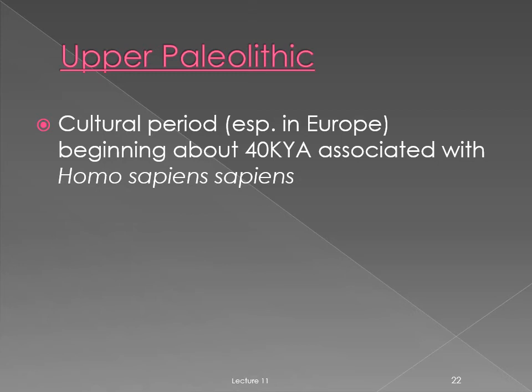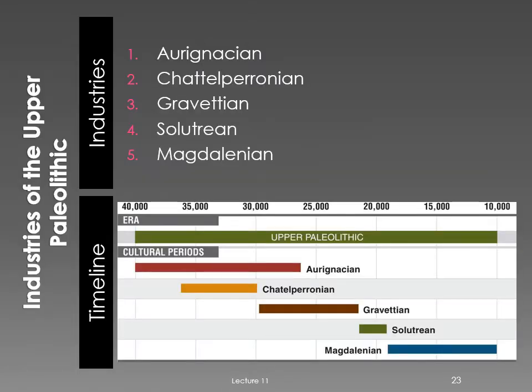The earliest sapiens fossils are a couple thousand years younger, but the margin of error for dating in this period is rather wide. The European Upper Paleolithic is divided into 5 technological industries. In chronological order, the Aurignacian, the Chatelperronian, the Gravettian, Solutrean, and Magdalenian.